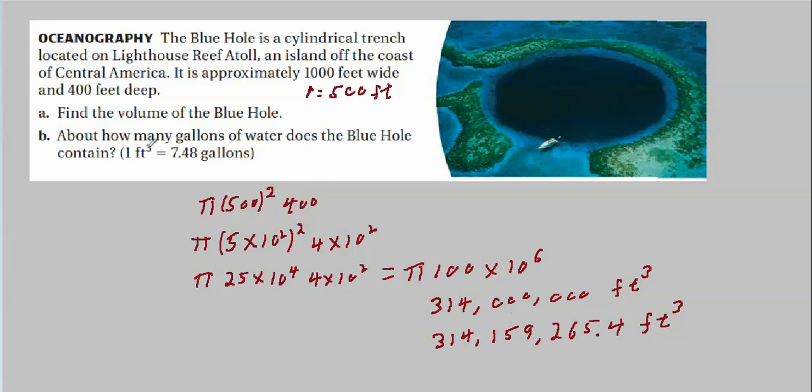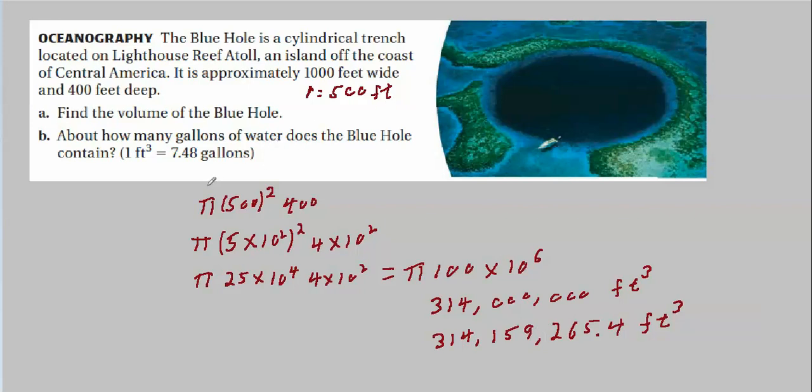What about how many gallons? Well, if there's 7.48 gallons in 1 cubic foot, well, here's the number of cubic feet right here. So all we have to do is multiply this by 7.48, and we've got the number of gallons.